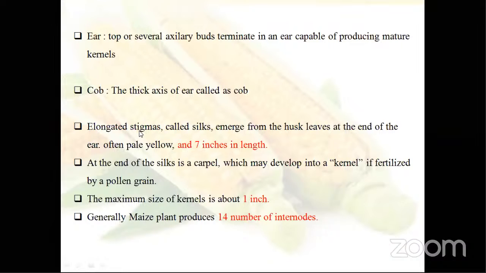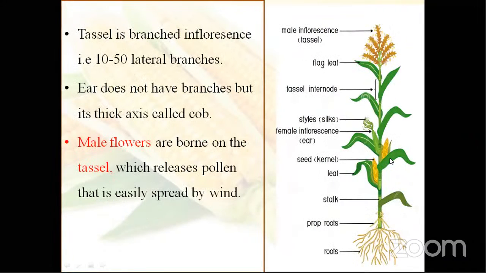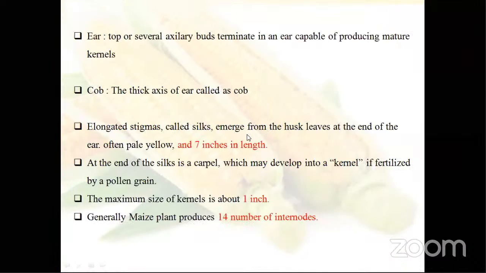Elongated stigmas called silks emerge from the husk leaves at the end of the ear. What are these stigmas? We call them styles also. These silks are often pale yellow in color, and the length of the silks or styles is about 7 inches.